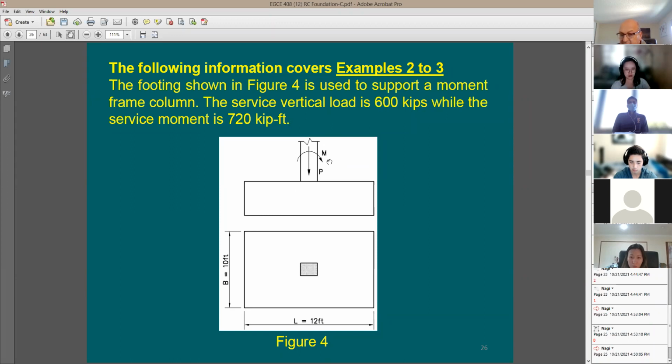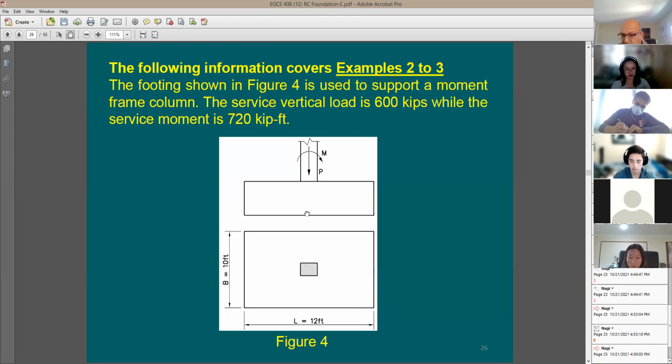Now, when the moment is acting this way, this side is in compression and this side is in tension. So when you do the section modulus for the contact area between the footing and the soil, we're going to say S is equal to BH squared divided by 6. Very similar to what we have done in the uncracked section. B in this case is going to be 10 feet, and H in this case is going to be 12 feet.